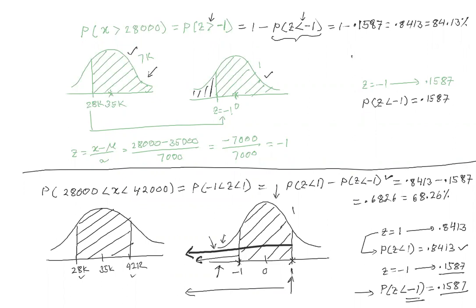Yeah, that is what it is. Is this clear to everybody? Now, the middle region is 68.26%, or 0.6826. This middle portion is also 0.6826.